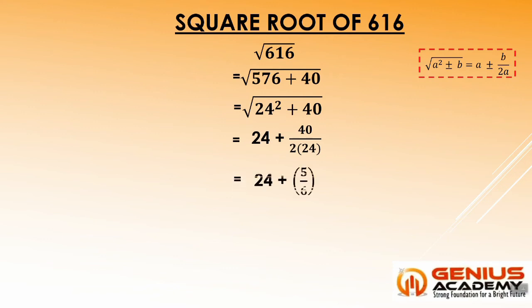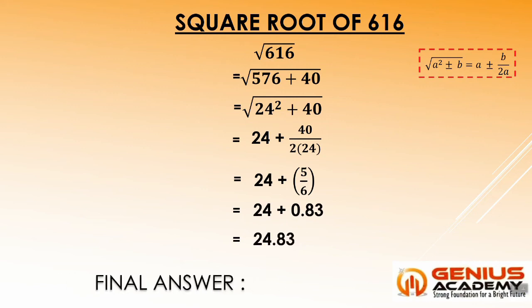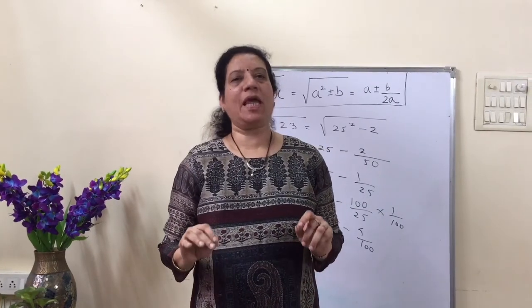So if you do the calculation, it is 24 plus 5 upon 6. And therefore the final answer is 24 plus 0.83, which is 24.83. So the root of 616 is equal to 24.83. So I hope this method will be helpful to you.